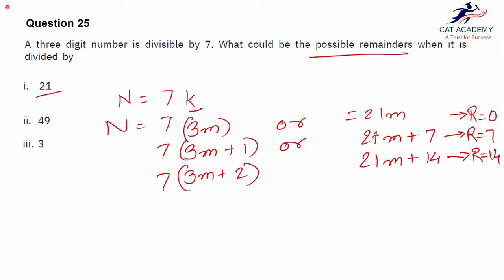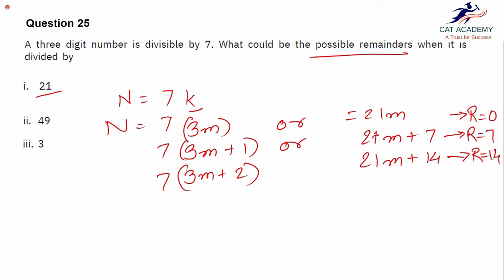So keeping the same thing in mind, you tell me, instead of 21, if I go for 49, what would be my possible remainders? Yes, Nihal, Samar, that is correct. So 7 sevens are 49. In general, if I divide any number by 7, my possible remainders are 0, 1, 2, 3, 4, 5, 6.